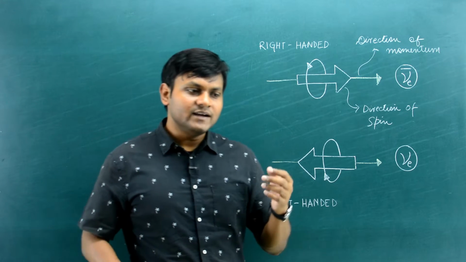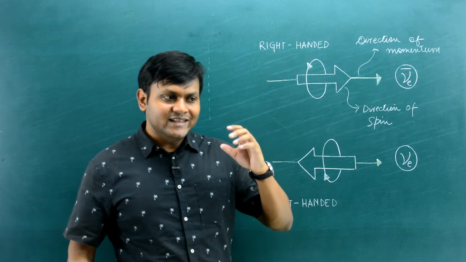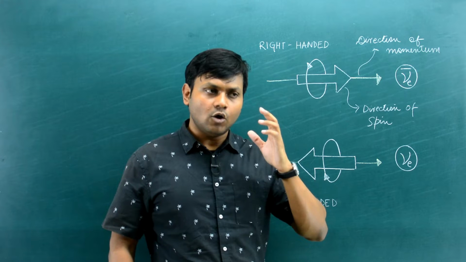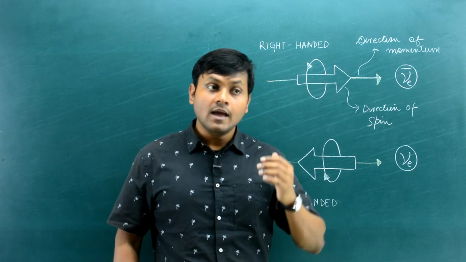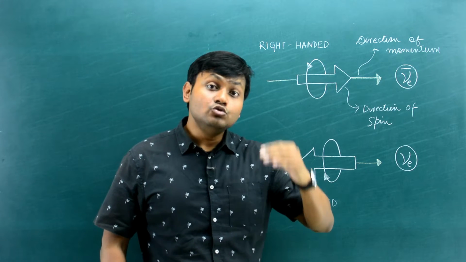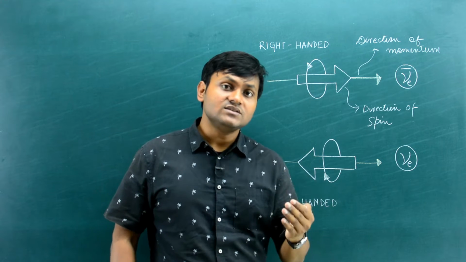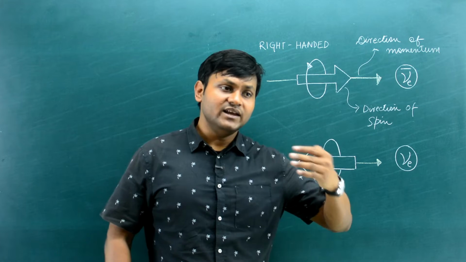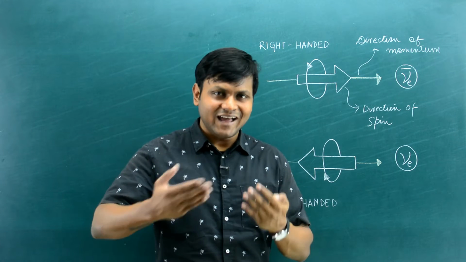However, quantum particles like electrons and neutrinos are point mass particles, so it would be wrong to say that they are actually spinning, but they do have an intrinsic angular momentum, which for various reasons is known as the spin angular momentum.